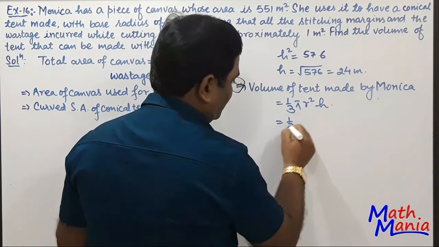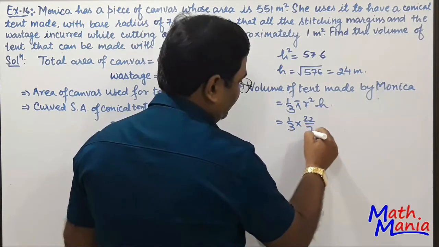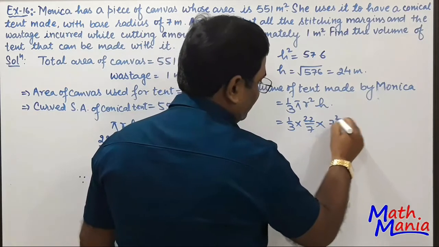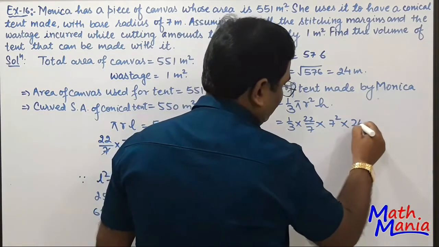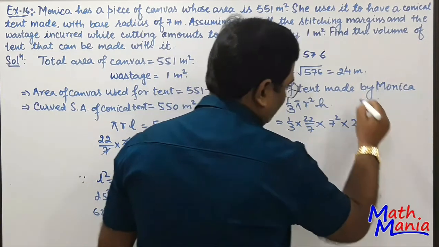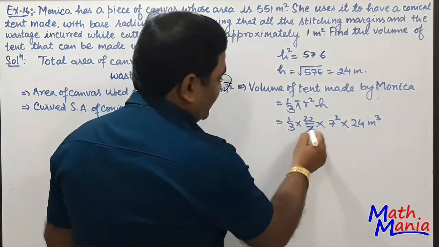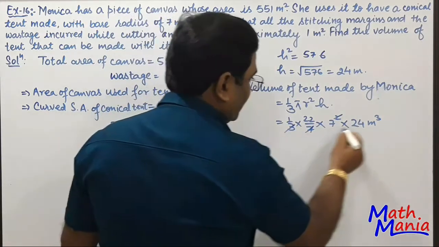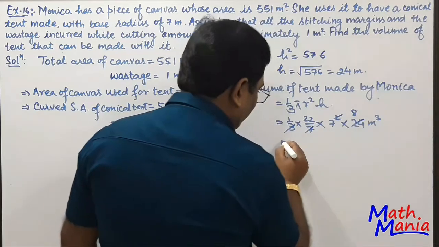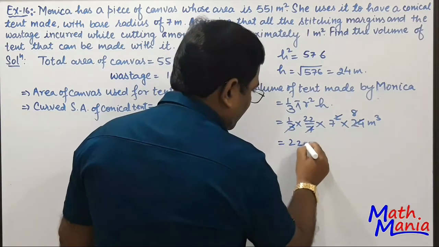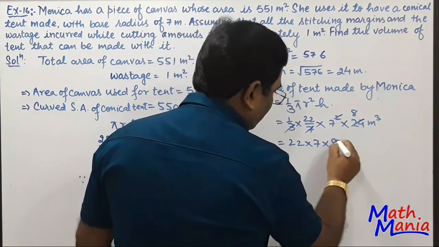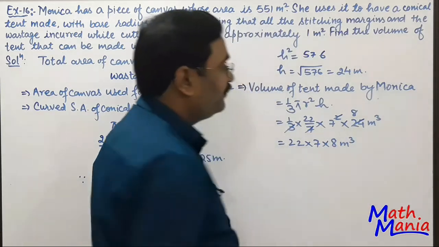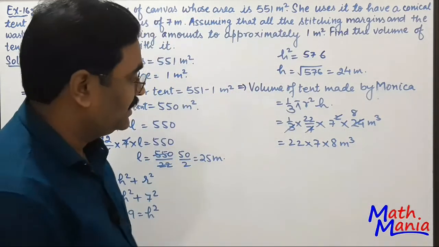So 1/3 pi is 22 upon 7, r square is 7 square, into h which is 24 meter. So 7 is cancelled, 3 eights are 24, we got 22 into 7 into 8 meter cube as the volume of that conical tent.